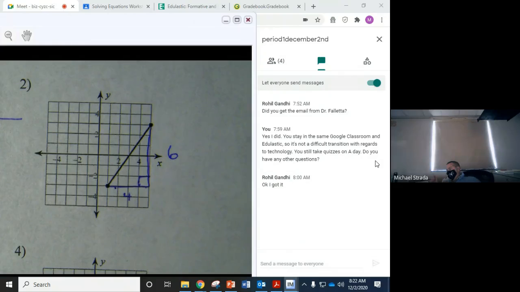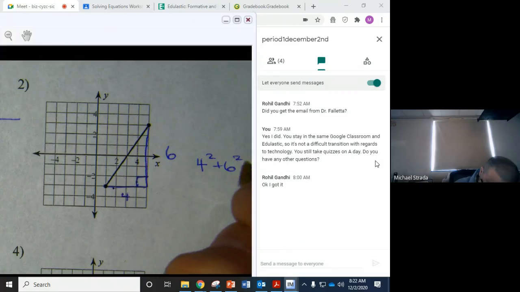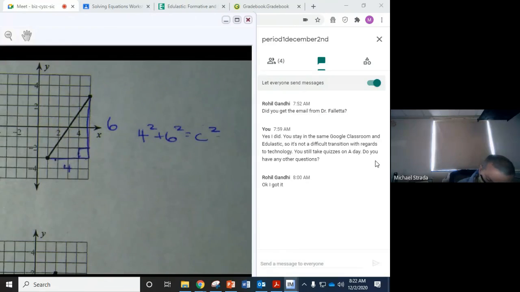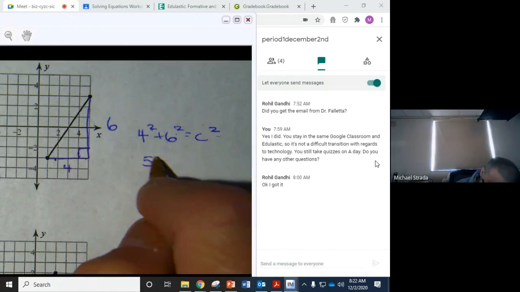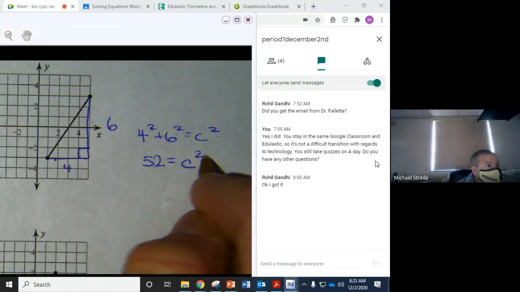So now it's just a Pythagorean theorem problem. 4 squared plus 6 squared equals c squared. The distance is always going to be the hypotenuse. 4 squared is 16. 6 squared is 36. 16 plus 36 is 52.